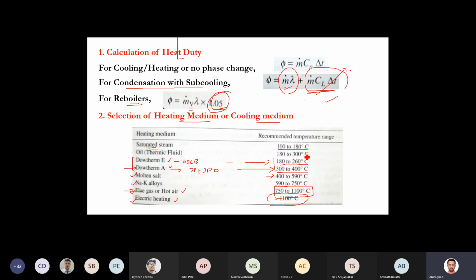Normally, whenever you increase the pressure of the steam, the quality of the steam will increase, and in turn the cost of the steam will also increase. So operating cost will increase. So steam above 180 degrees centigrade is not preferred, otherwise your utility cost will be more. Okay, so that's the idea of pinch. Pinch is we have to recover the maximum possible heat from the process streams.